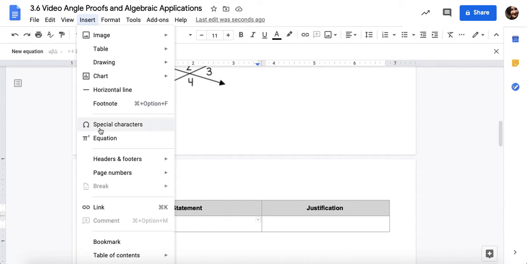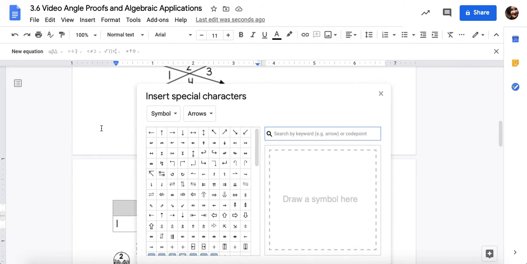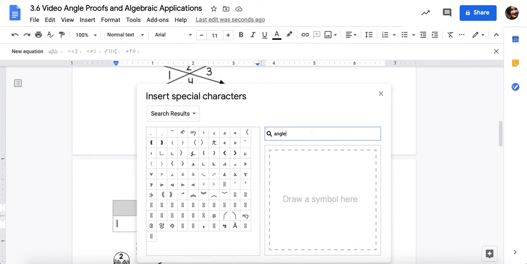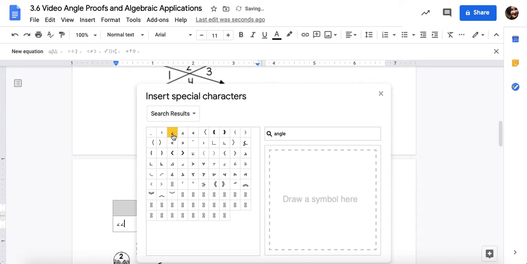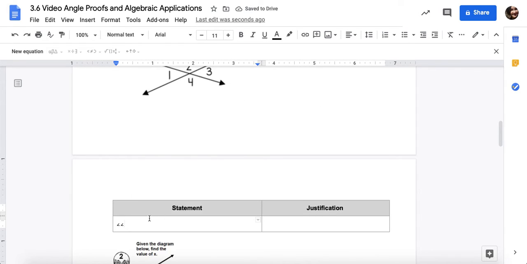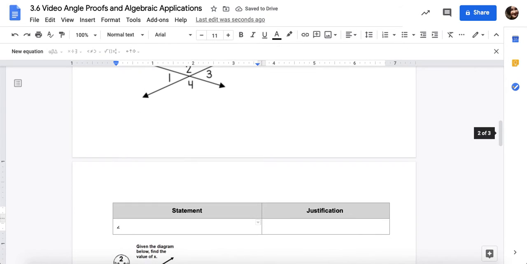Okay, to do that, we're going to insert a special character, and we're going to search for an angle, and there's our angle symbol right there. Oops, I accidentally added 2. Okay, angle 2, and I'm just going to copy and paste, Control C, Control V, angle 4 are vertical angles. That is our given.